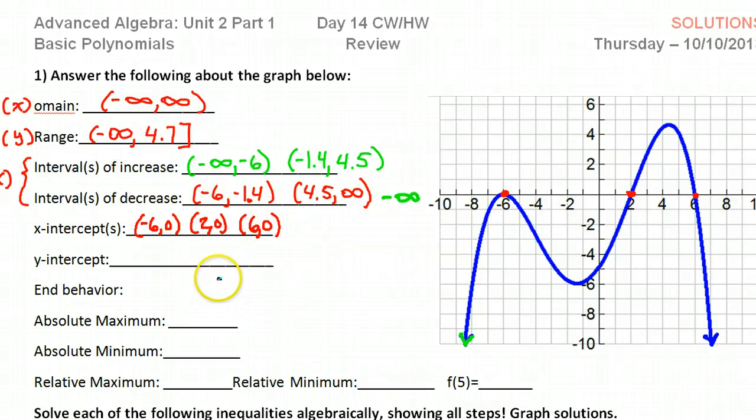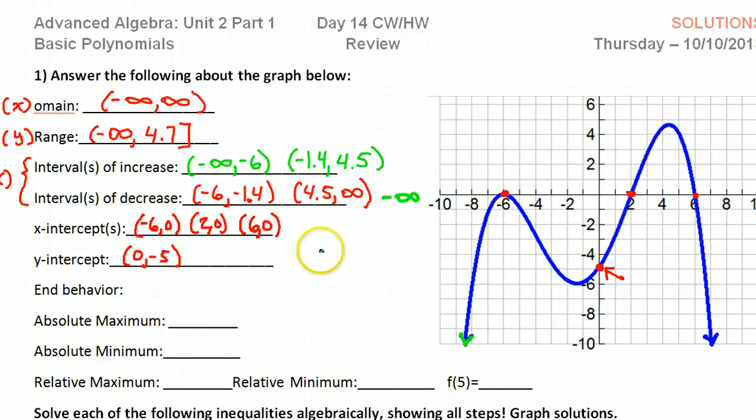Those are my 3 x-intercepts. I also have a y-intercept, which is right here, and that is 0, -5. 0, -5 is my y-intercept right there.